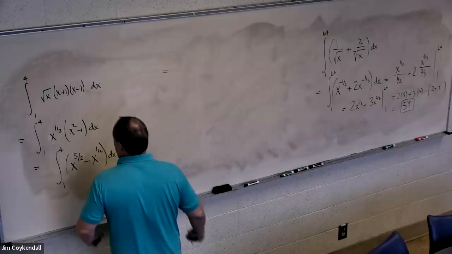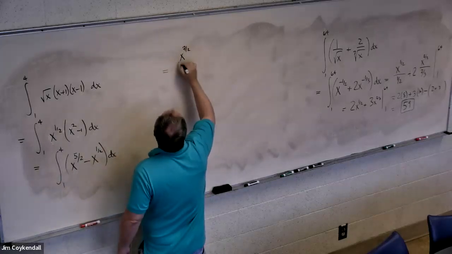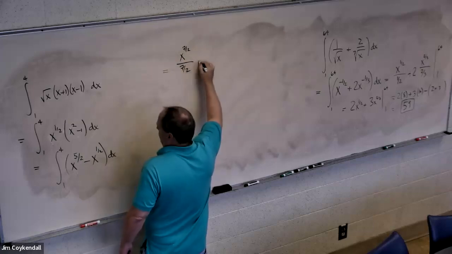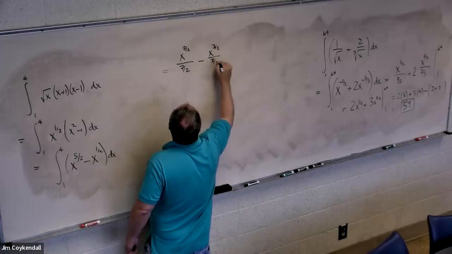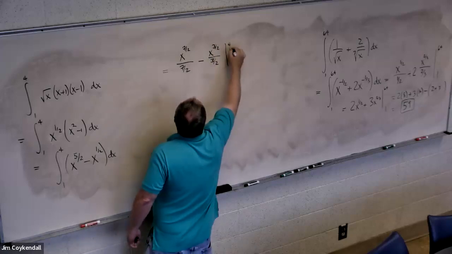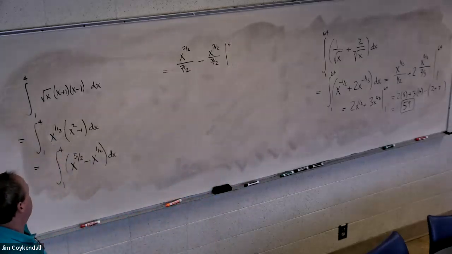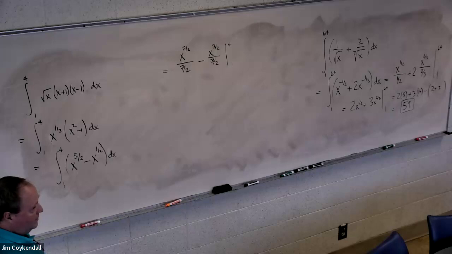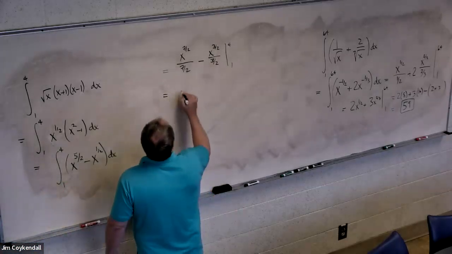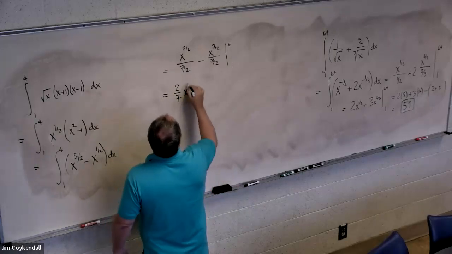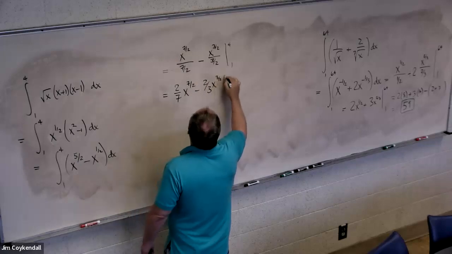So my favorite antiderivative is x to the 7 halves over 7 halves minus x to the 3 halves over 3 halves, which is 2/7 x to the 7 halves minus 2/3 x to the 3 halves.